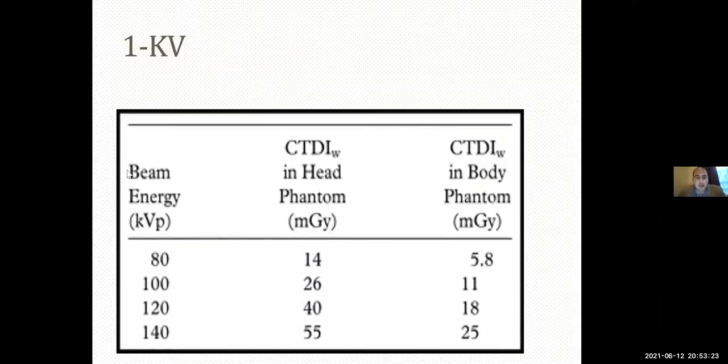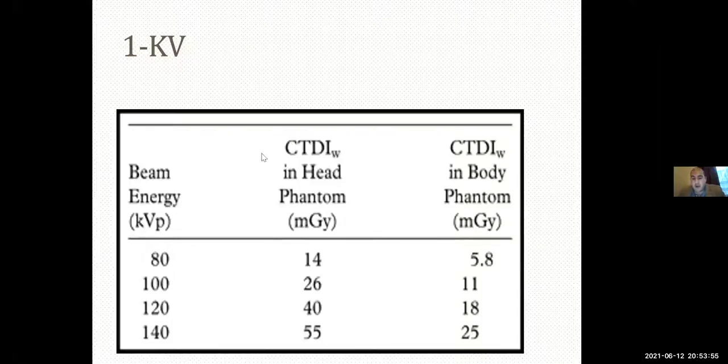As you see here, this table represents different kV values, 80, 100, 120, 140, and what happens to the CT dose index. We will talk about this parameter in the next lecture; it represents the dose to patients. Using 80 kV, the dose is 14 milligray, but at 120 and 140 it is higher. So a minimal change in kV causes a higher increase in patient dose.